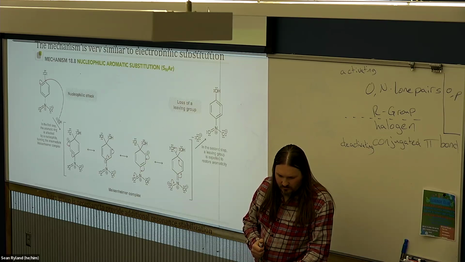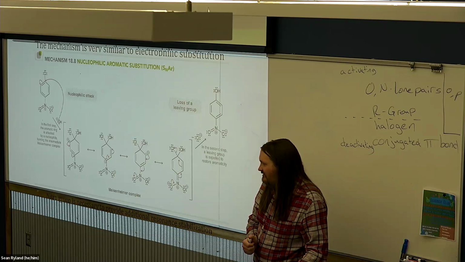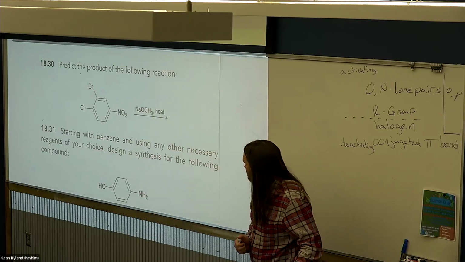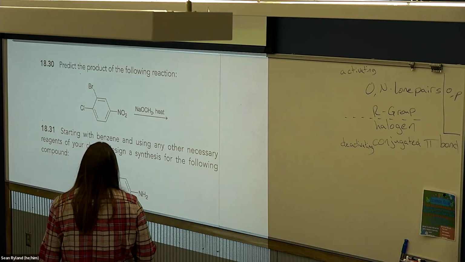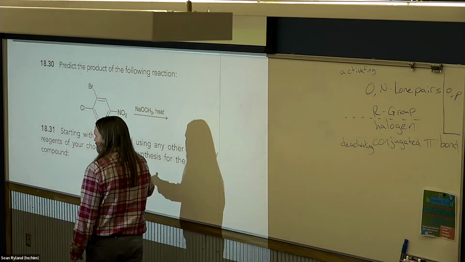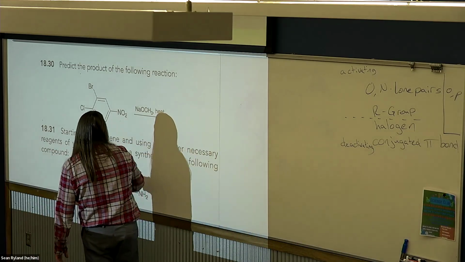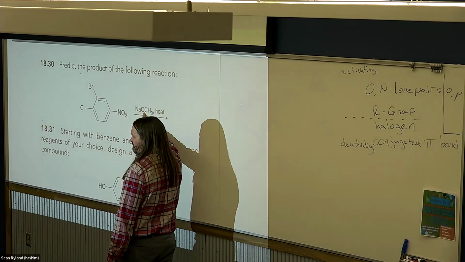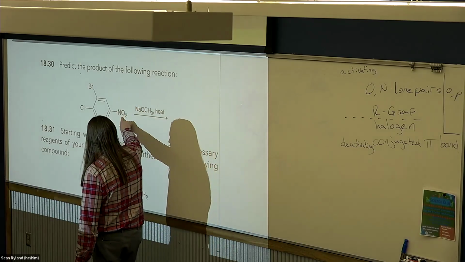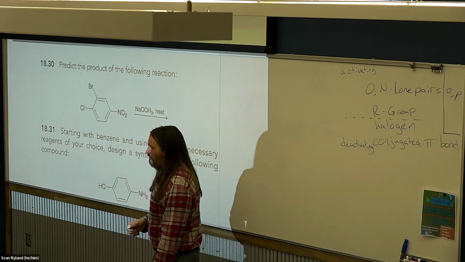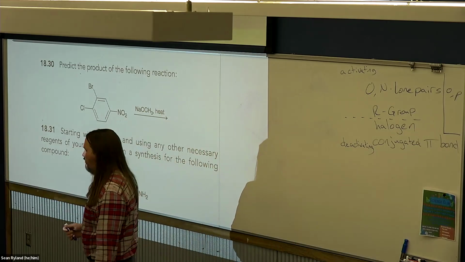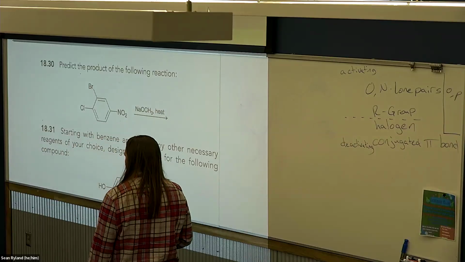All right, so let's try practice. We have a nucleophile. We have a nitro group, and we have 2 good leaving groups. How do we decide which leaving group gets replaced and by what?